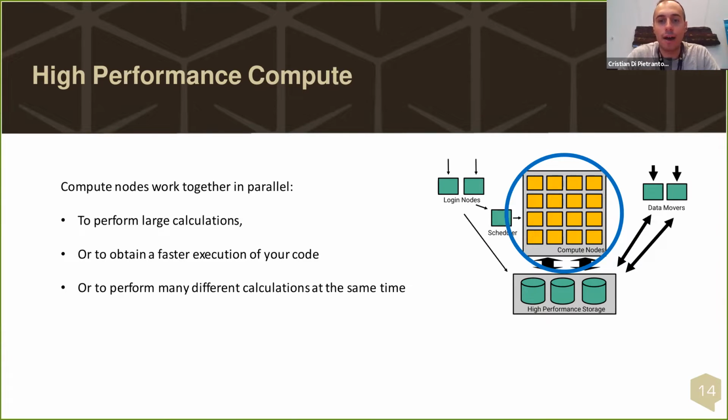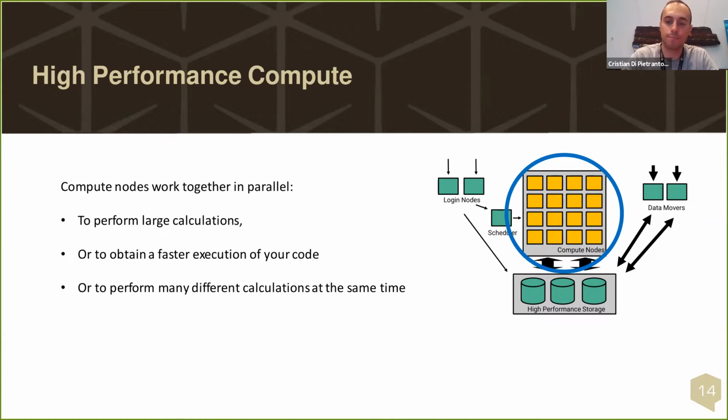Well, how are you going to use the compute nodes, or better, how are they best used? The way you can unlock the high compute power of a supercomputer is to run parallel applications or parallel jobs. But there are several ways of making efficient use of supercomputers.